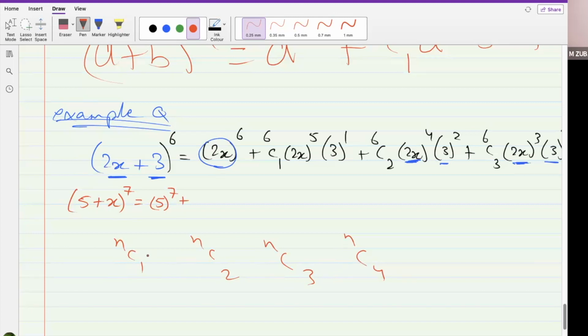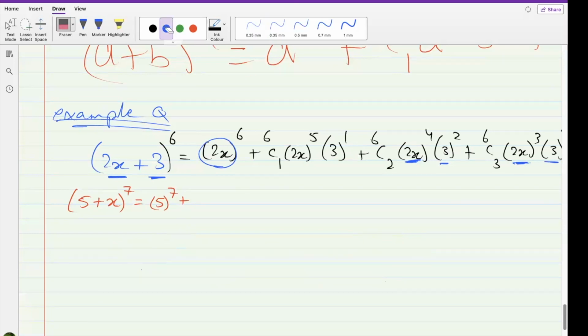Whatever the power of a is, it keeps on reducing. It started with 7, then it will be 6, 5, 4, 3, and so on. And b started with 0 and will keep on increasing. This is 1, so 1. This is 2, so 2, 3, 3, 4, 4. Getting it? So we'll follow the sequence.